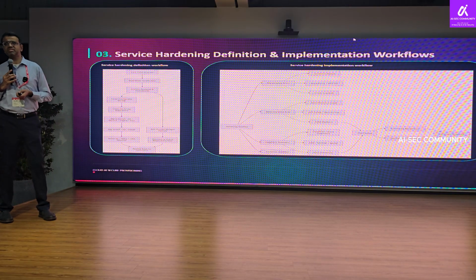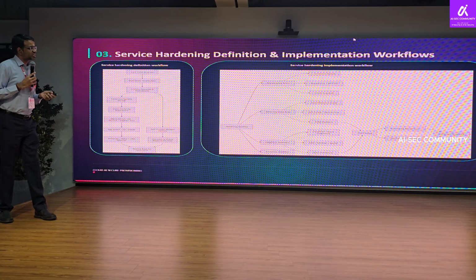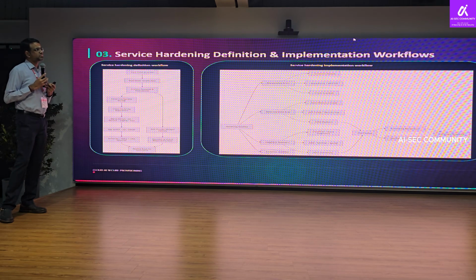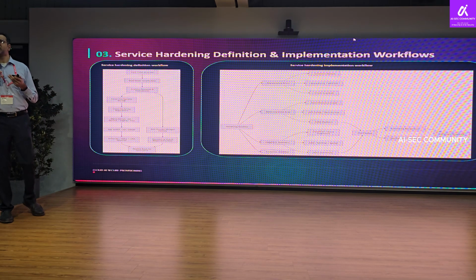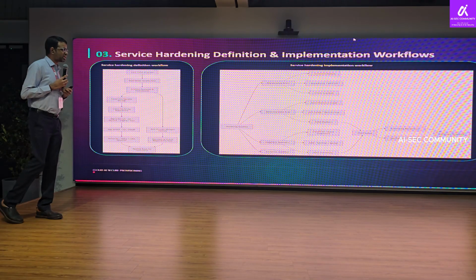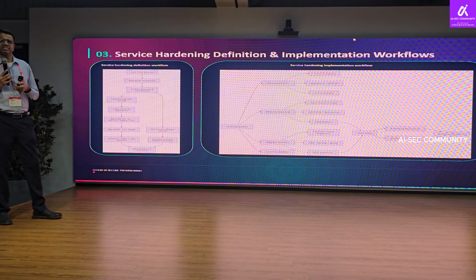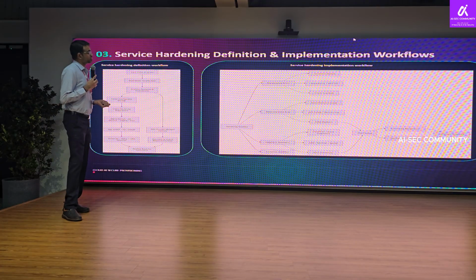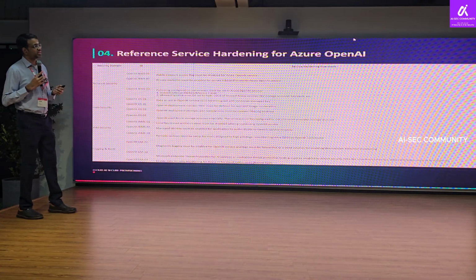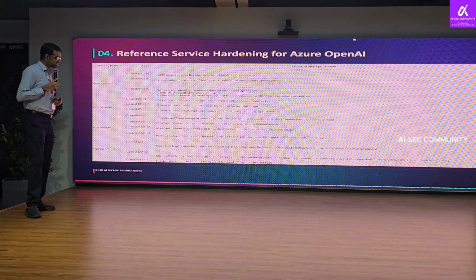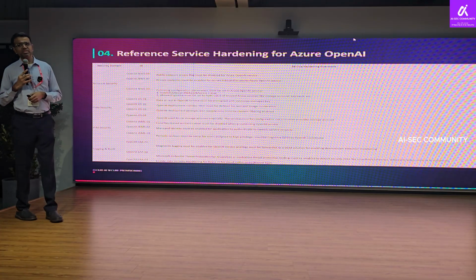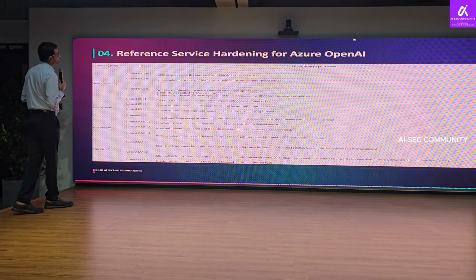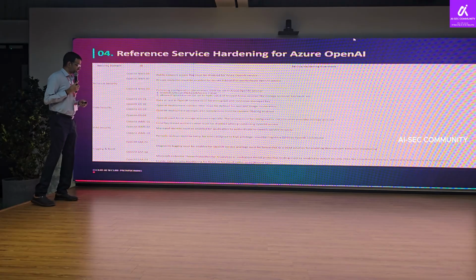For these two services I have come up with a list of service hardening baselines, or service hardening guardrails, which I would like to share with everyone as a takeaway, based on my analysis and my experience of using these services. I'll quickly spend some time here, even though these are some technical areas.